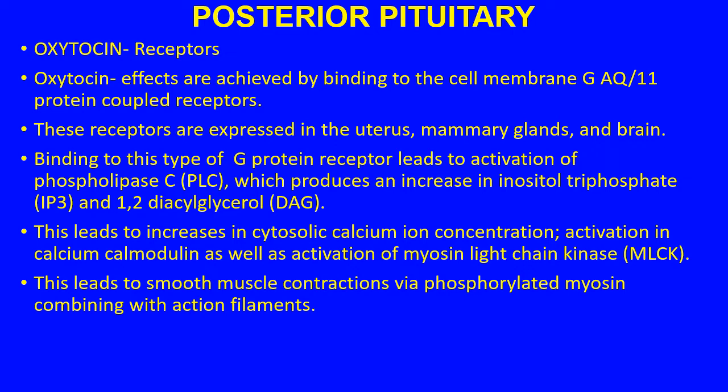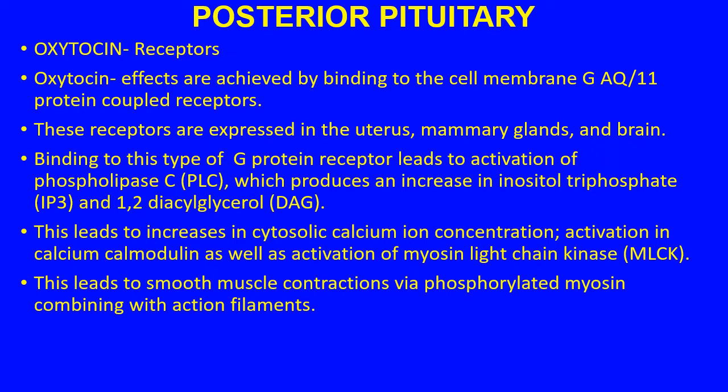What happens when we have this binding to this particular G protein? This is going to lead to the activation of phospholipase C. If you remember phospholipase C, which we chatted about in the first week, that's going to produce an increase in inositol triphosphate, IP3, and 1,2-diacylglycerol, which otherwise goes by the acronym DAG.